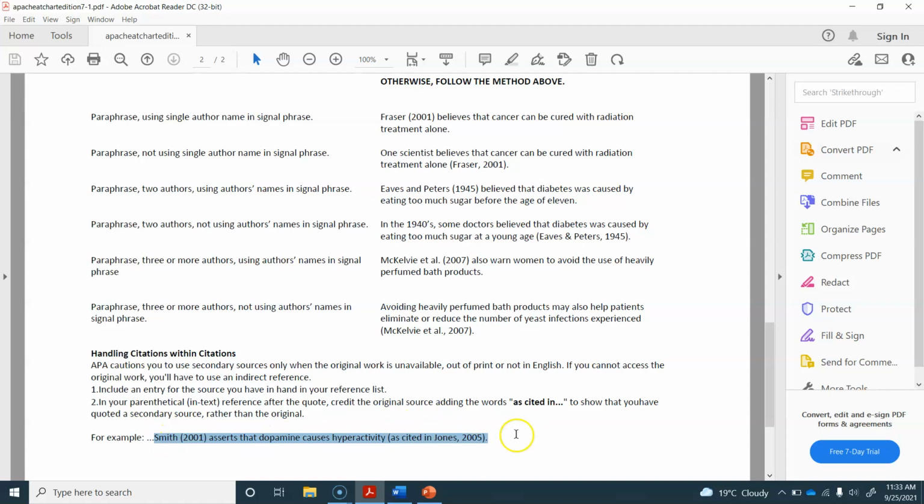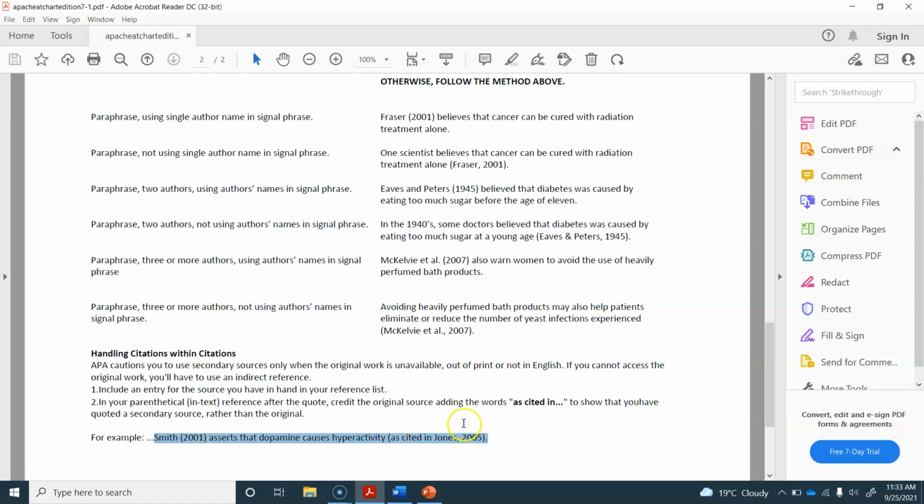So let's say that I have a book or an article that's written by Jones in 2005. And in Jones's work, Jones refers to somebody called Smith. Okay, so they have their own brackets. Jones has their own brackets where they're citing Smith for some information. I want to use that point. So I'm going to reference the original thinker, or researcher with that idea, Smith, 2001, and I'm getting that from the bracket that I see in my Jones work, asserts that dopamine causes hyperactivity.